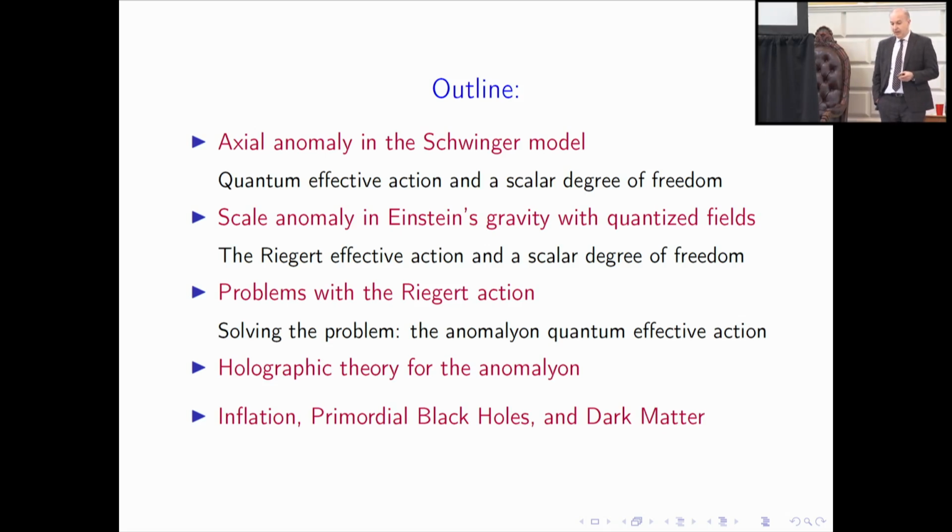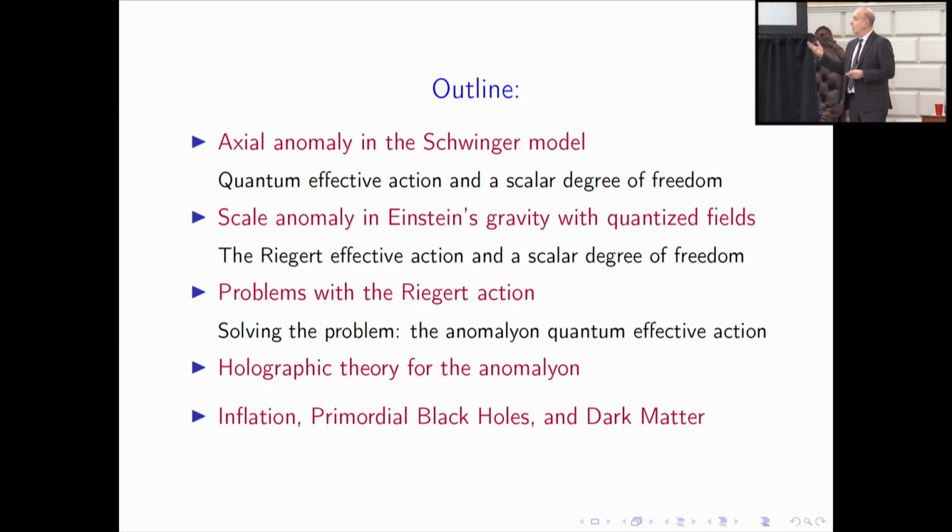After that, I'll go on to discuss similar things in the context of Einstein's gravity, which is a lot more complicated, as you can imagine. Nevertheless, there will be some similarities to what I say in the two-dimensional case, and the similarity will be that essentially anomaly forces us to have some additional degree of freedom, some additional scalar degree of freedom, and we'll be studying the dynamics of that degree of freedom.